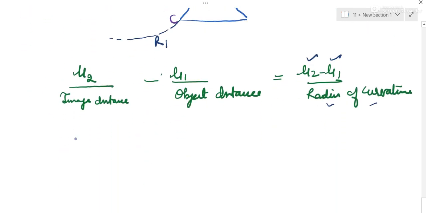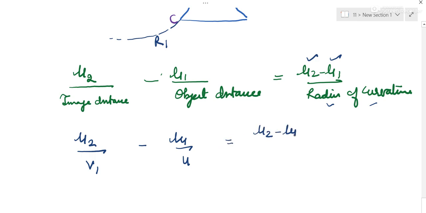Substituting: mu2/v1 minus mu1/u equals (mu2 minus mu1)/R1. Equation number 1.